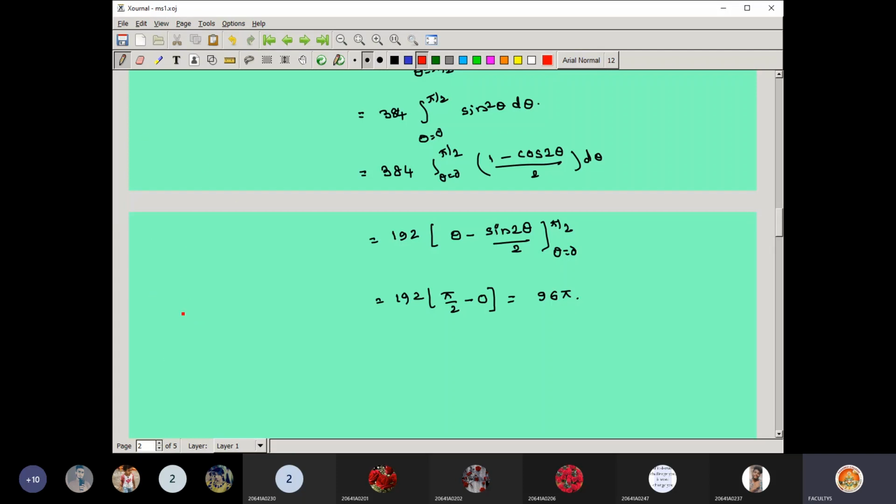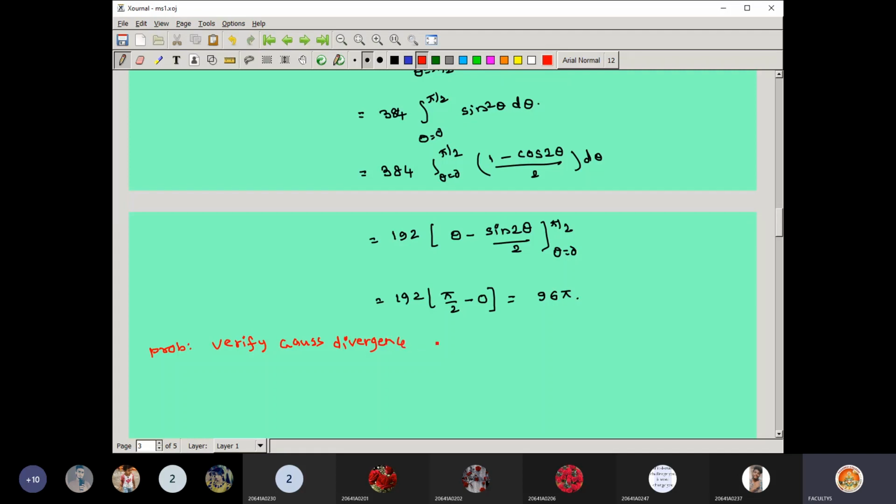Now I just give you one typical problem here. You need to have an idea on your previous classes. So verify Gauss divergence theorem.